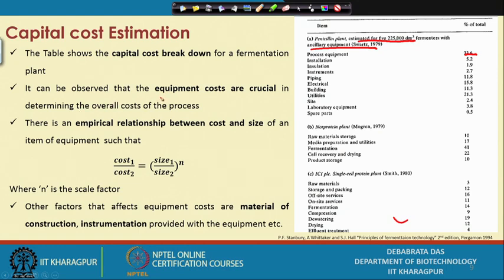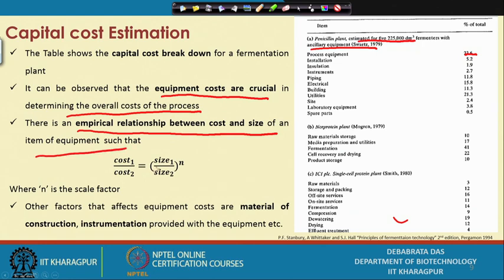It can be observed that equipment costs are crucial in determining the overall cost of the process. The empirical relationship between cost and size of the equipment is like this: cost 1 by cost 2 equals size 1 by size 2 to the power n, where n is the scale factor. This is how this equation has been built up. Other factors that affect the equipment cost is the material of construction.